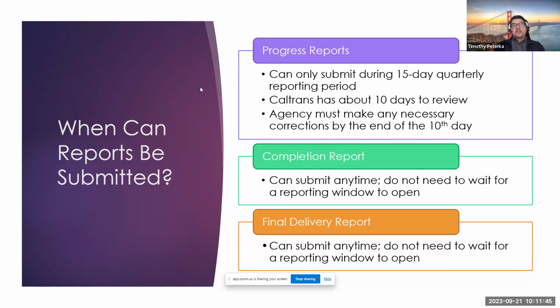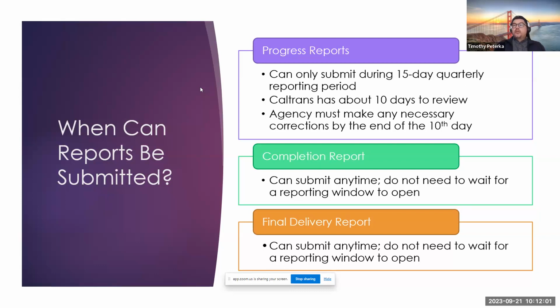At headquarters, we have about 10 days to review those reports and send them back to you if necessary to say, please make an edit here. Please also provide this information. And it gives you some time to make those corrections by the end of that 10th day.